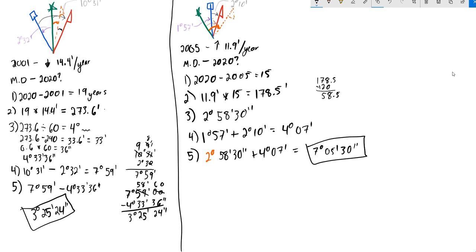So as you can see, you really have to watch a couple things in the question. You need to know whether it's increasing or decreasing, and you need to know the placement. What makes increasing and decreasing really confusing is when you put it on the flip side of true north. Erase those.